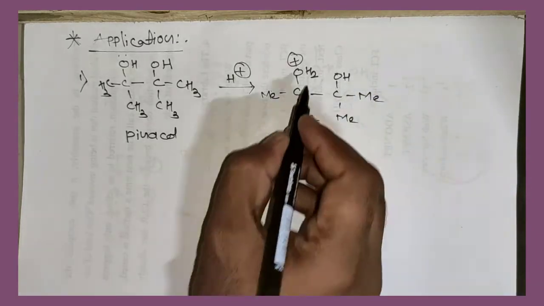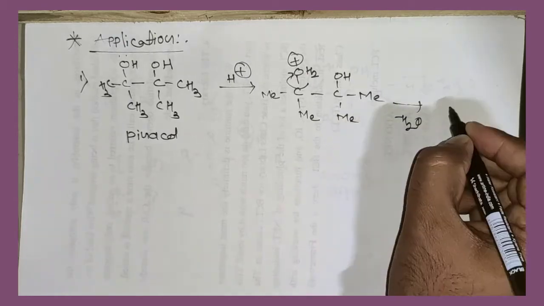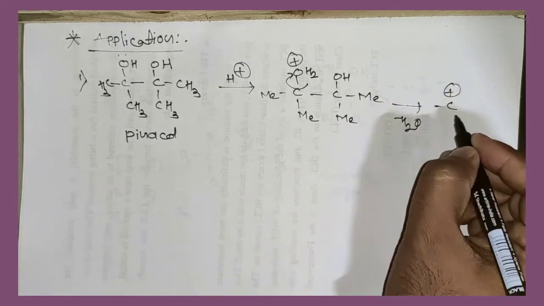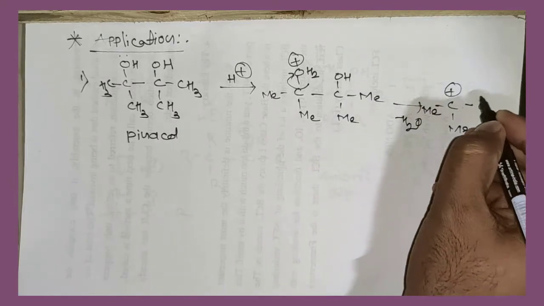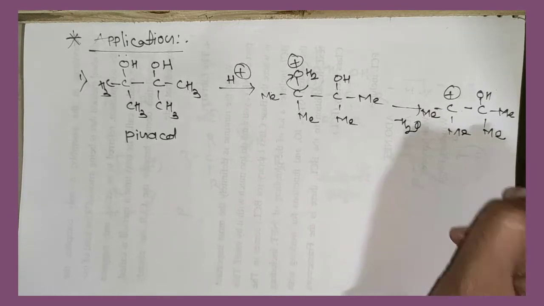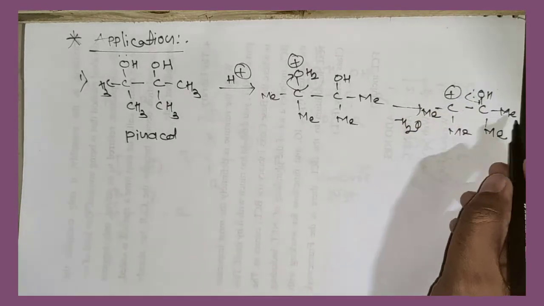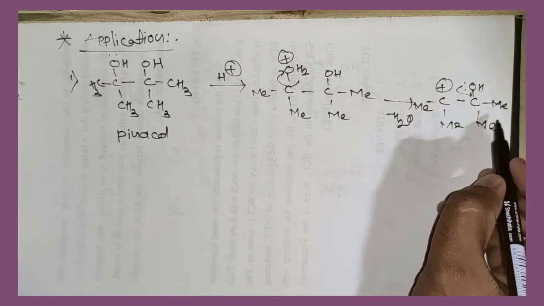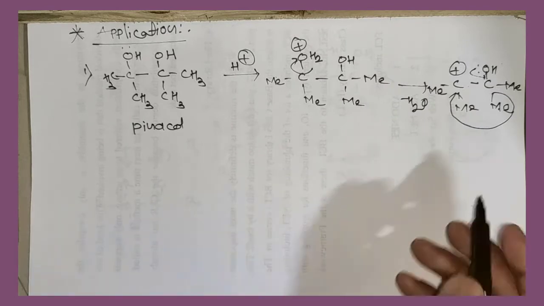Okay, now in the next step, removal of water molecule. So here minus H2O, this carbon now has a positive charge, 2 methyl groups as it is, here OH, and here 2 methyl groups as it is. Now this oxygen participates in the bonding. Out of these 2 R groups, 1 R group transfers to this carbon, right?